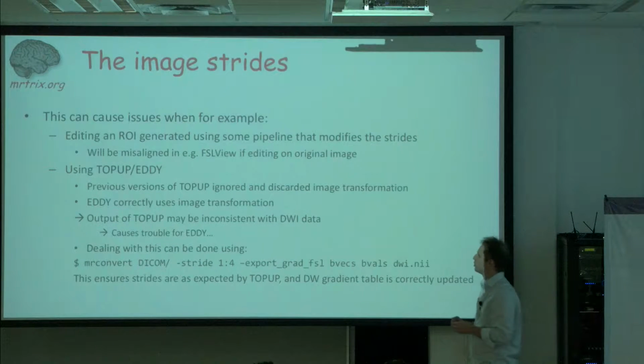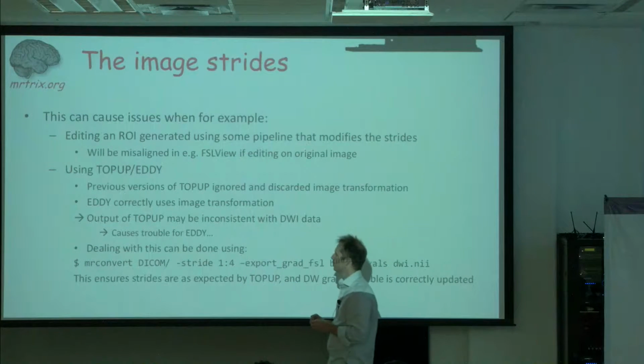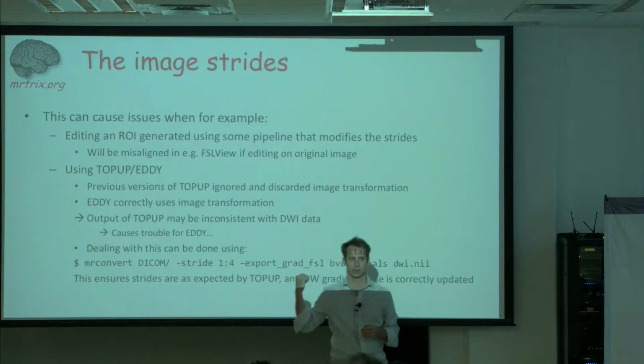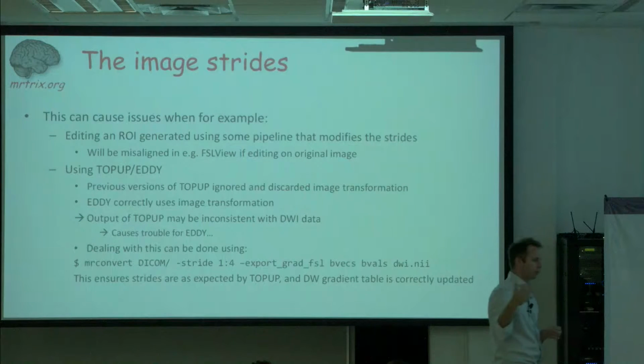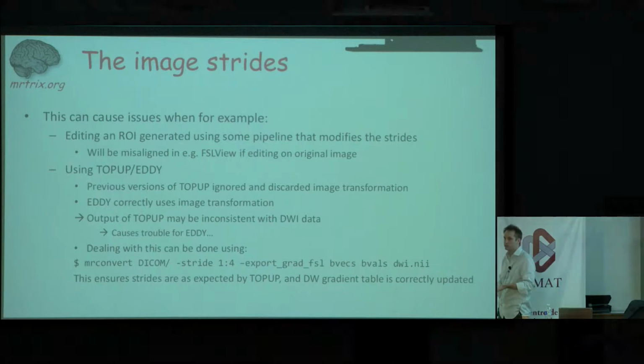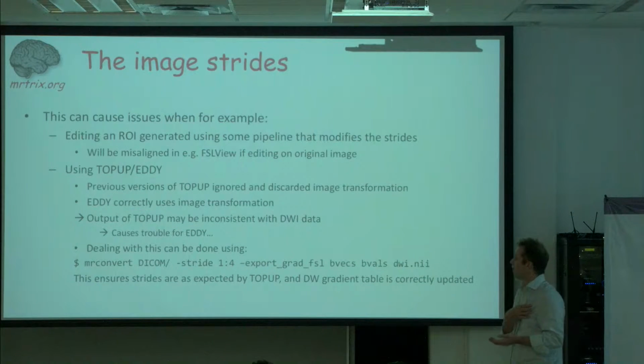So MRconvert and a lot of other commands have an option called stride, which allows you to manipulate the stride of the output data set. And you can tell it exactly how you want your data to be laid out so that everything is fine. But generally, if you use MRtrix only, you never have to worry about it because we typically take care of these things.